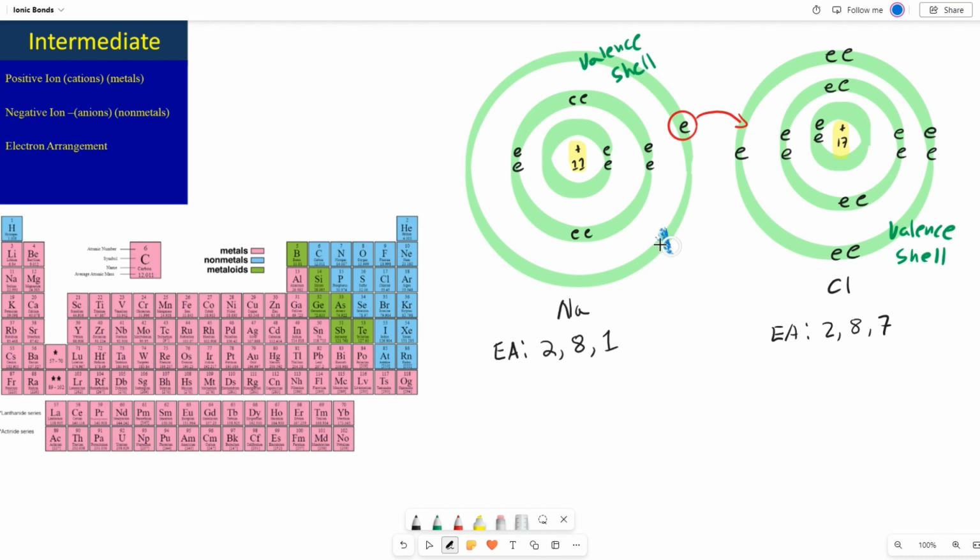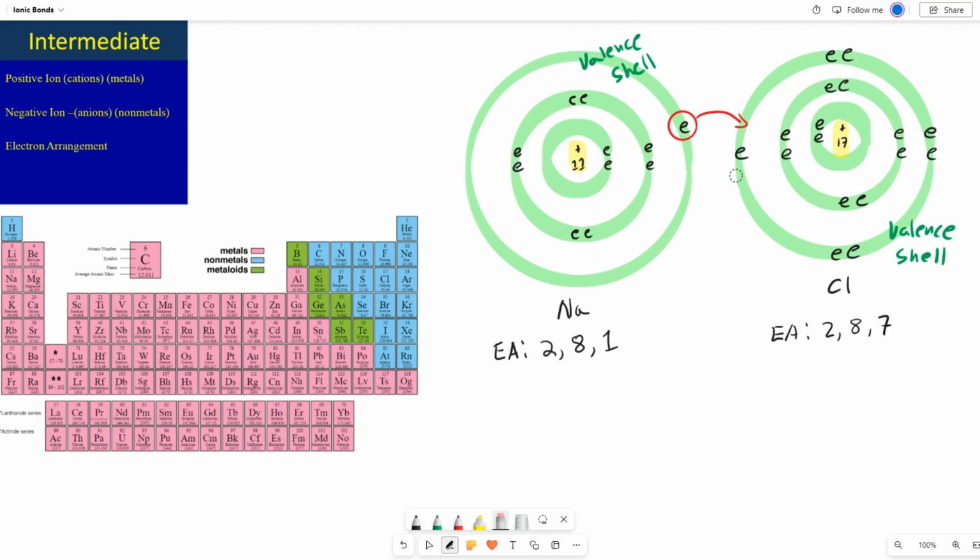It loses that shell altogether. And then its next inner shell becomes its valence shell, which is then filled, which is kind of a sneaky way for sodium to fill its valence shell. By losing that 1 electron, its next shell is filled. And then by gaining 1 electron, chlorine will fill its octet as well.